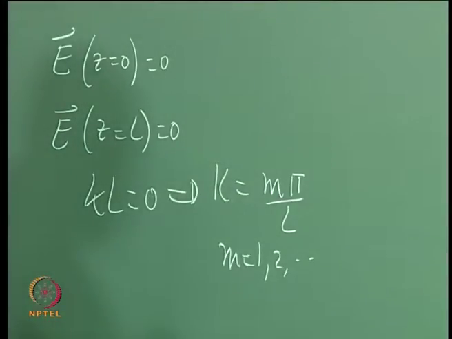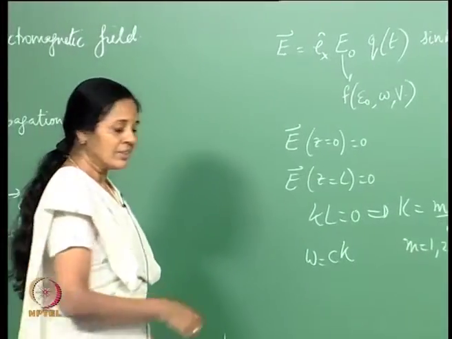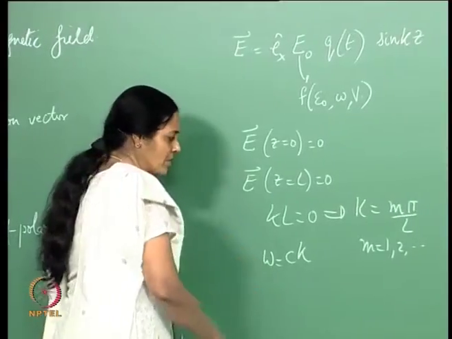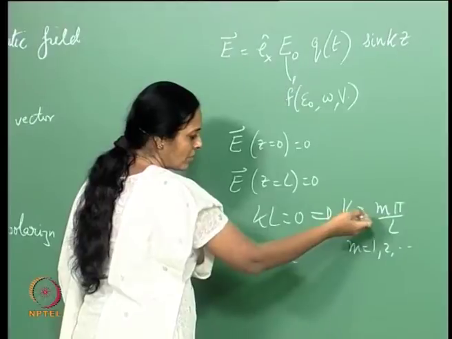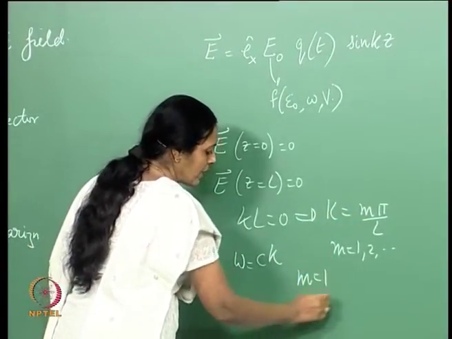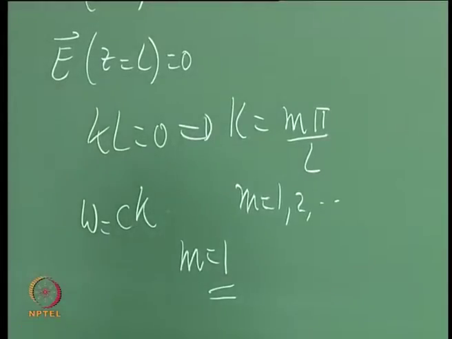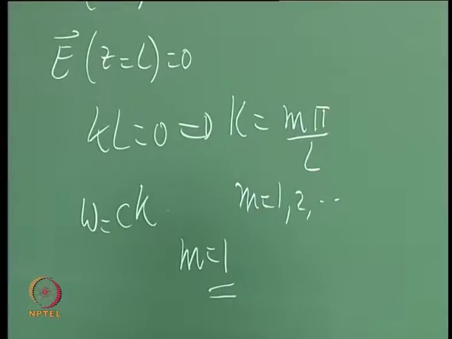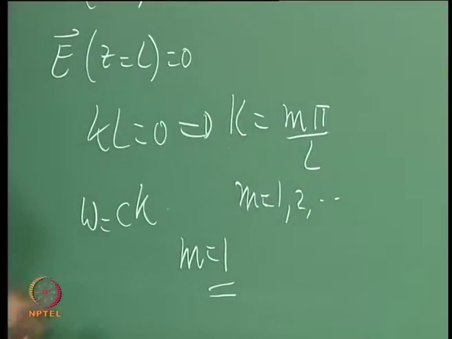The frequency omega is related to k through the standard relation omega is equal to ck, which means that omega is now c times pi by L or 2c pi by L and so on. For simplicity, we choose m is equal to 1. This can be done without loss of generality because I am considering an electromagnetic wave of frequency omega, which is pi by L times c.